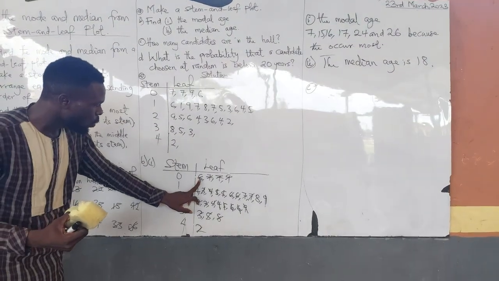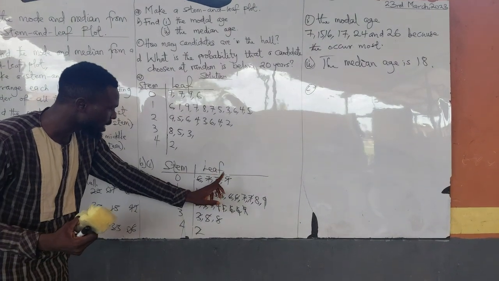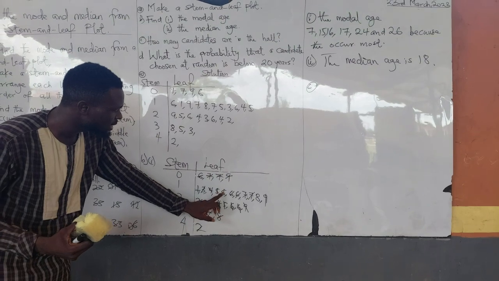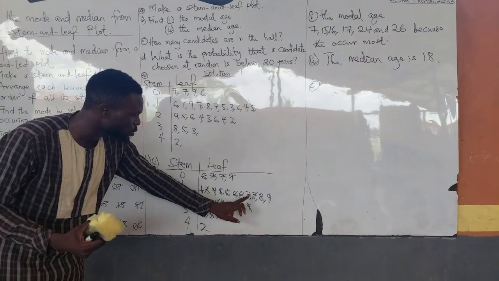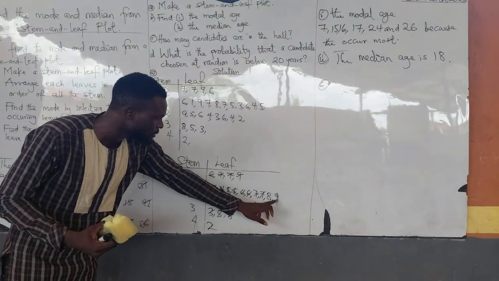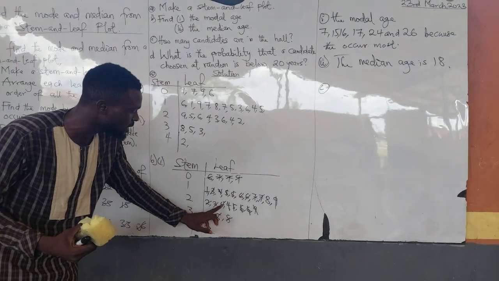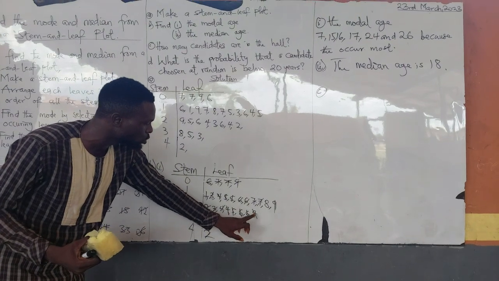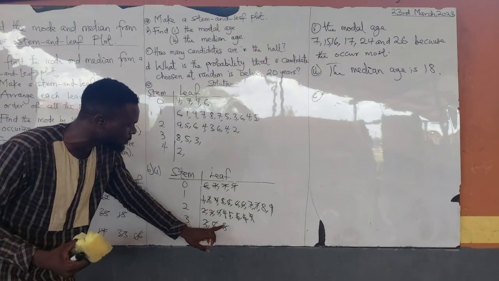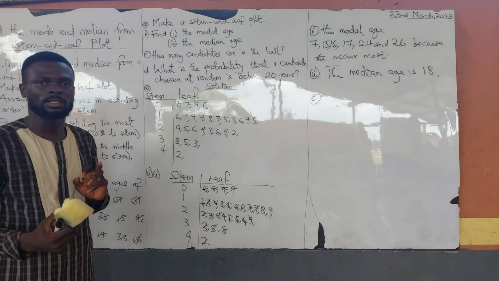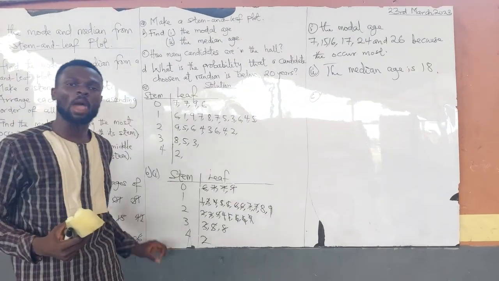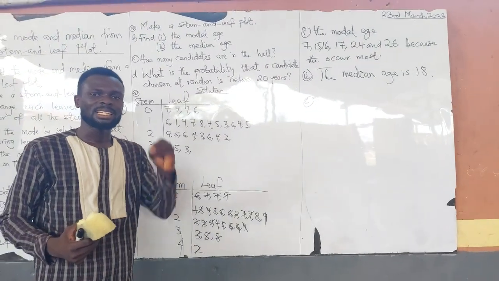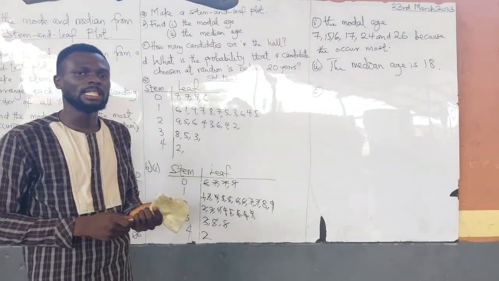So counting: 1, 2, 3, 4, 5, 6, 7, 8, 9, 10, 11, 12, 13, 14, 15, 16, 17, 18, 19, 20, 21, 22, 23, 24, 25, 26, 27. So if the leaves are 27, then we have 27 candidates in the room.